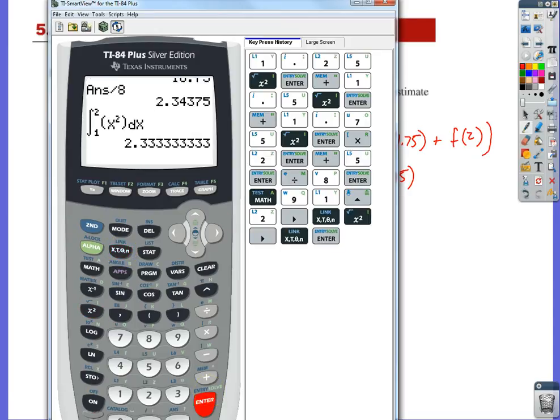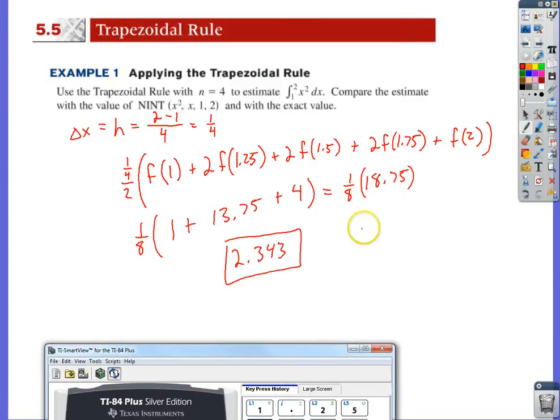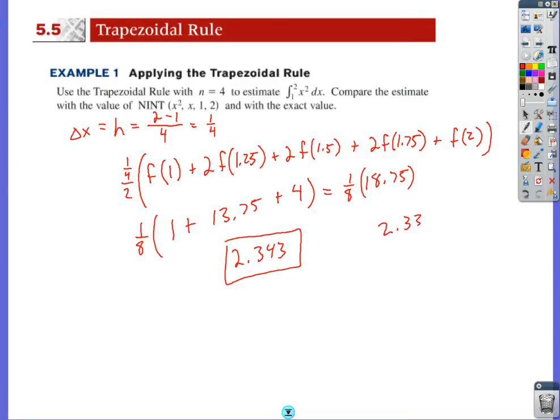Enter, and I get 2.333333. That's pretty darn close. And you have to think about that. That's only 4 trapezoids. That's really close for just 4, right? Really close.